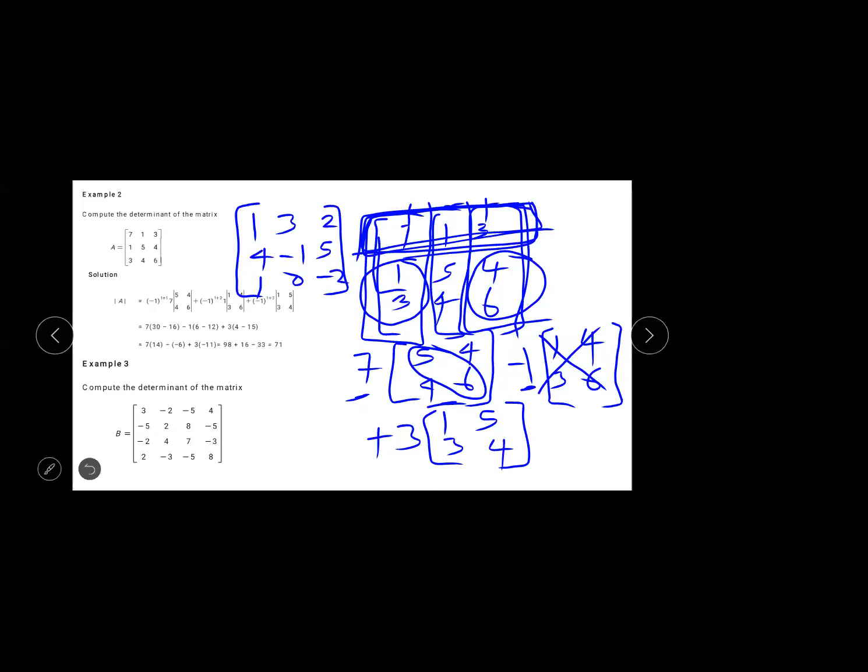The last one is minus 2. Find the determinant of that. Quickly, I want you all to participate in that.